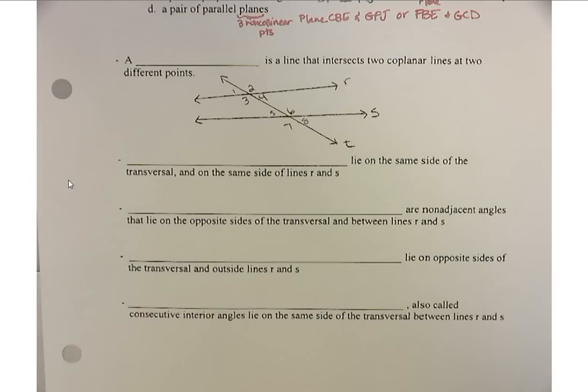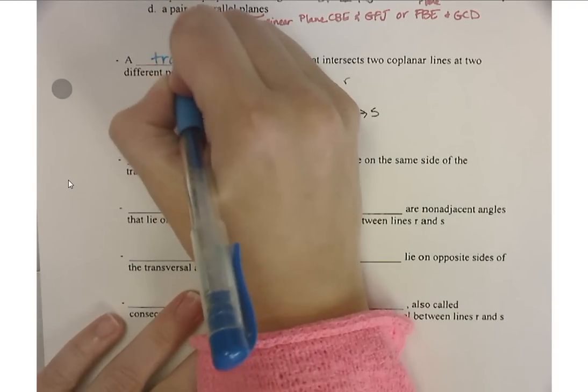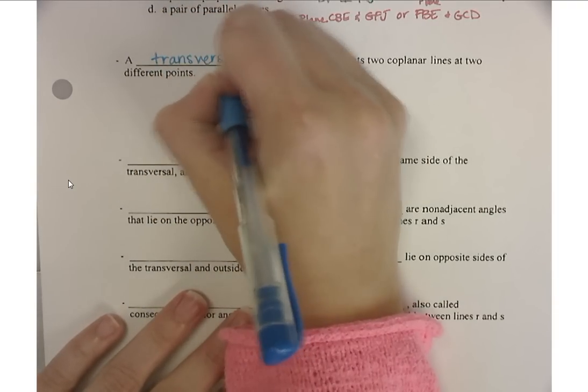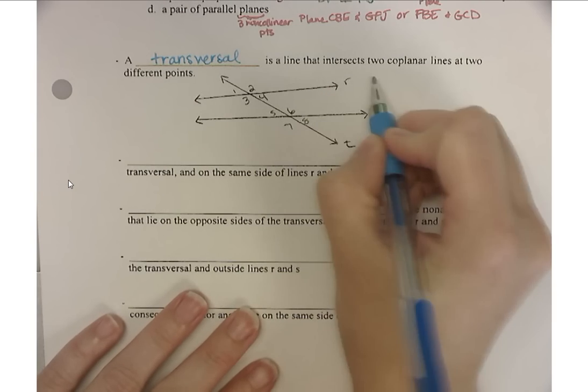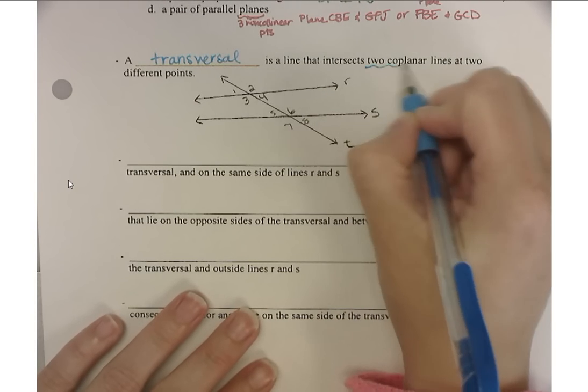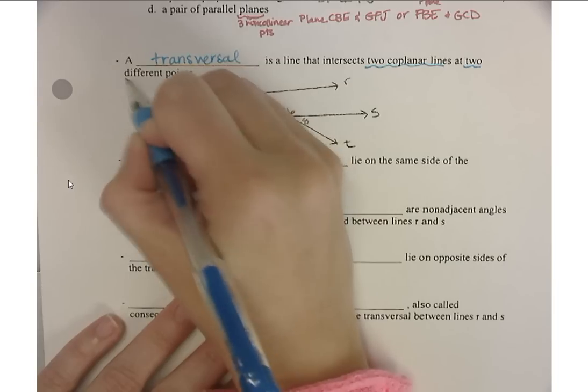All right, now the next thing we're going to talk about today is very, very important to your next few sections. This is a very special thing that happens when you have a transversal intersecting two coplanar lines. A transversal is a line that intersects two coplanar lines at two different points.